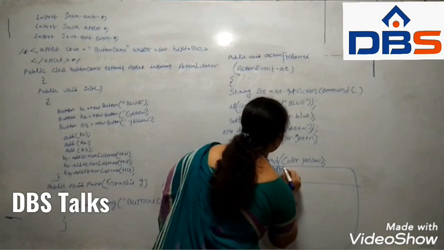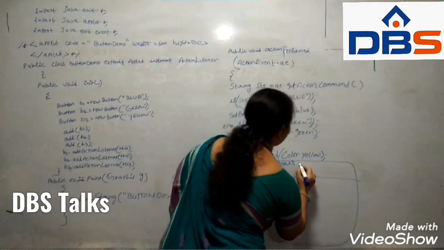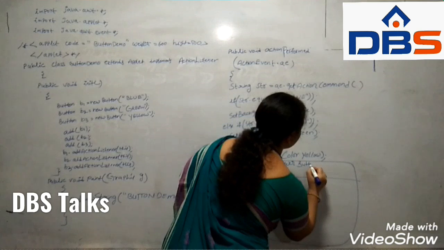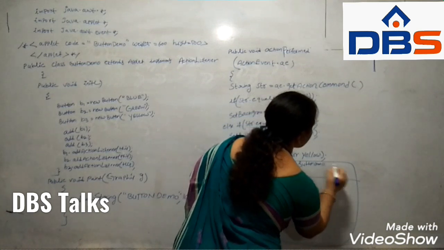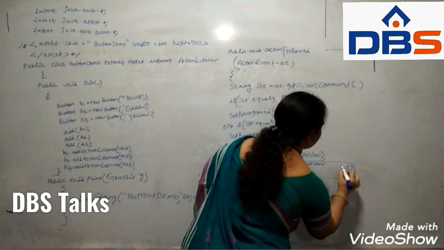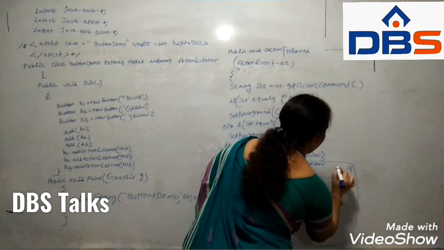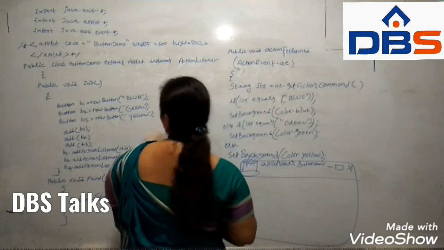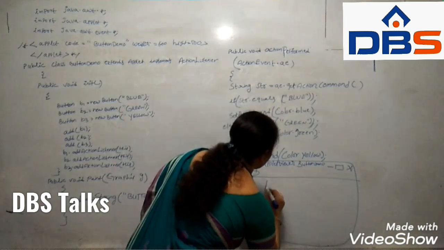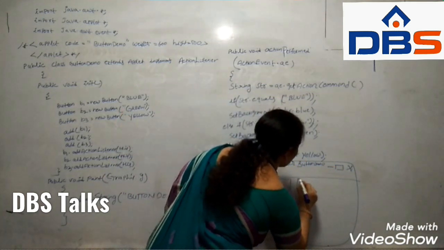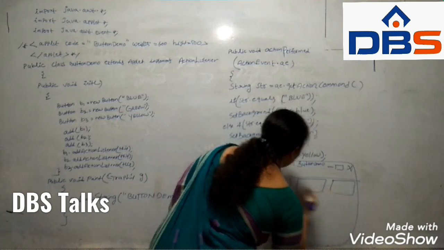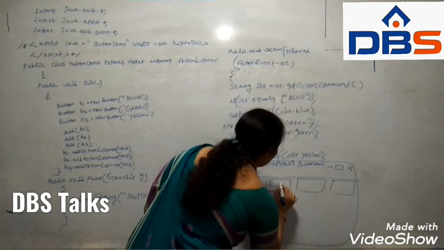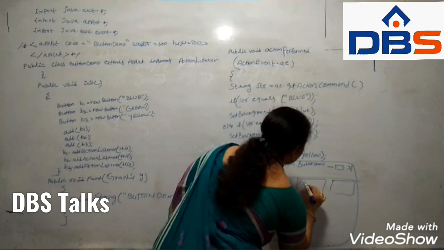So according to this program, we will get the output like this. Applet viewer. What is our class name? ButtonDemo. Here we have the closing button, maximization button and minimization button. So according to this step, we get three buttons with labels. What is the first button label? Blue. What is the second button label? Green.